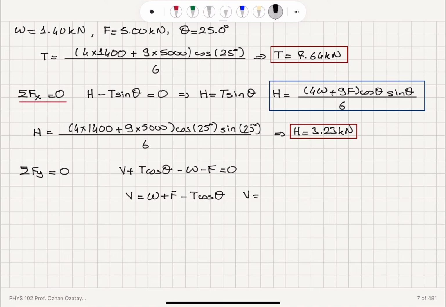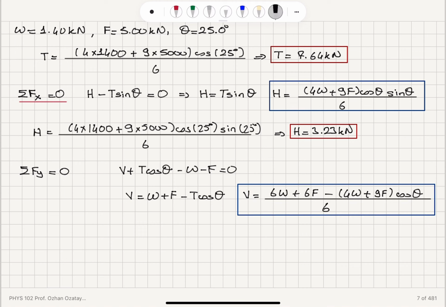So if I substitute for T what I have found, it's going to be 6W plus 6F minus 4W plus 9F cosine theta, divided by 6. So that is the vertical force. And if I substitute the numbers, let's see if this is positive or negative.